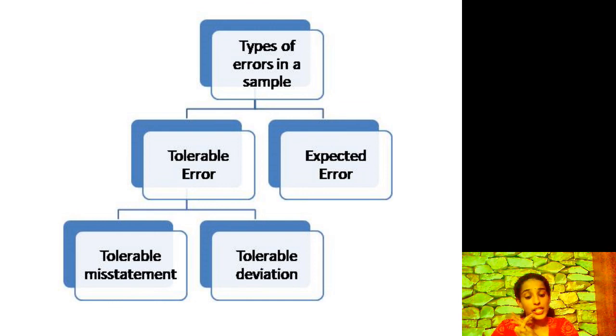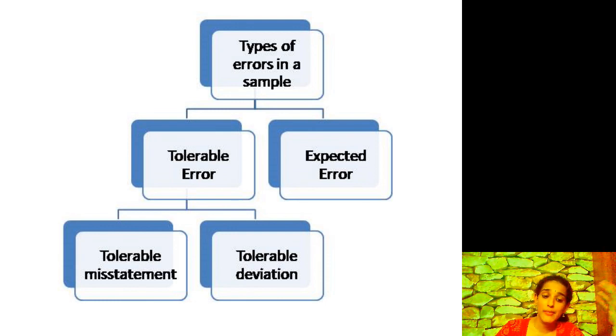What is tolerable misstatement? Say, for example, the maximum monetary amount which I am setting, that maximum amount is acceptable in nature. In the example I told you, up to 50,000 monetary value, any misstatements up to 50,000 are tolerable.